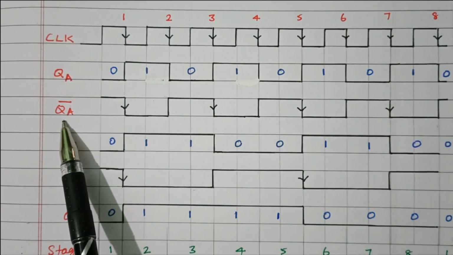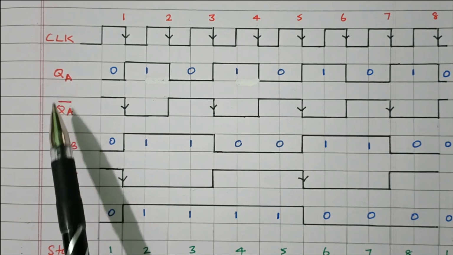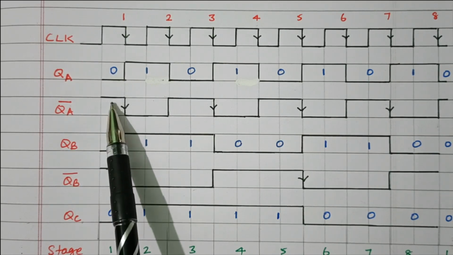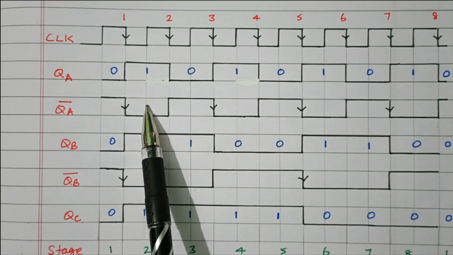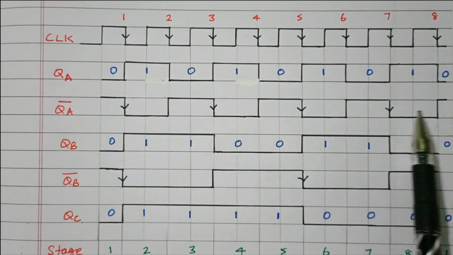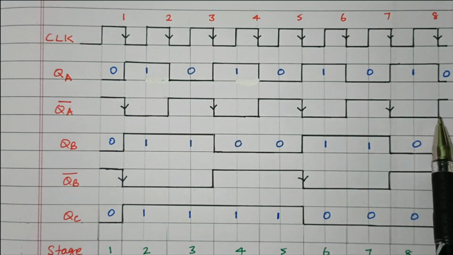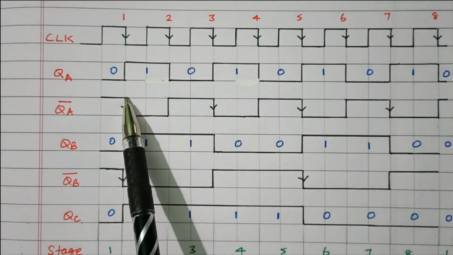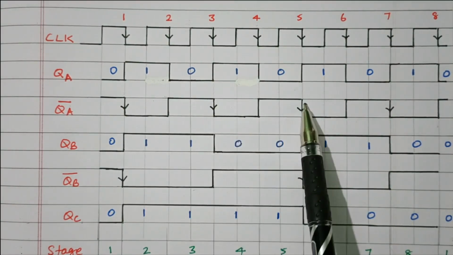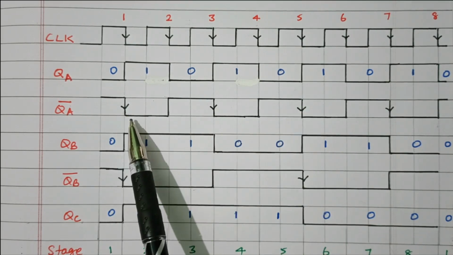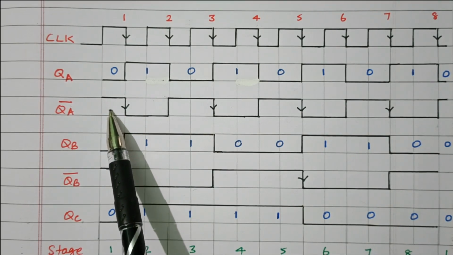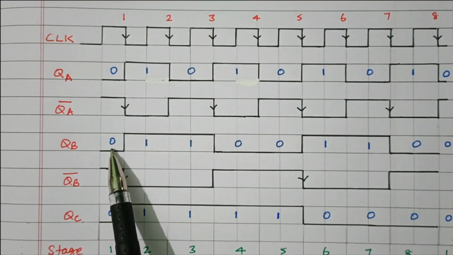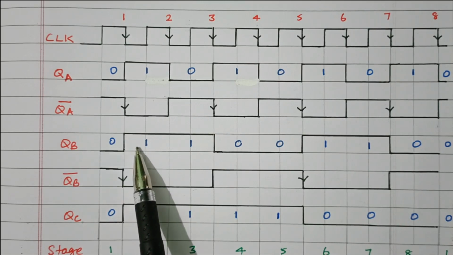But for the down operation, we applied QA bar to the second flip-flop. So this QA here is Q bar. It changed: 0 is converted into 1, 1 is changed to 0, right? This is 1, this is 0, 1, 0. Now this inverted output is applied to the second flip-flop. So whenever there is a negative edge, whenever there is a change from 0 to 1, the status will change. So here is 1, so the flip-flop toggles from 0 to 1.